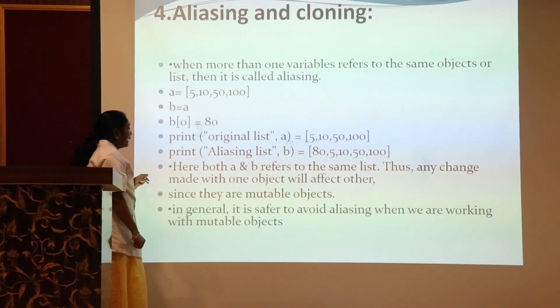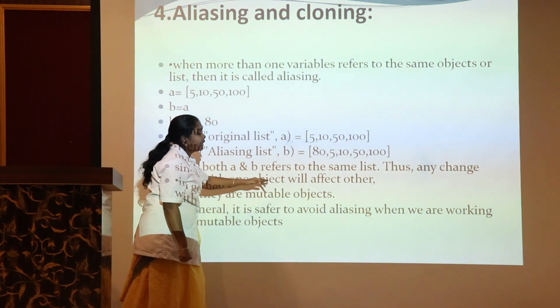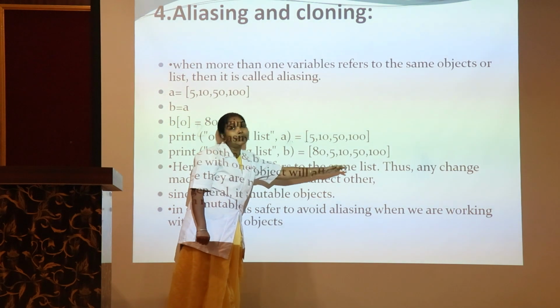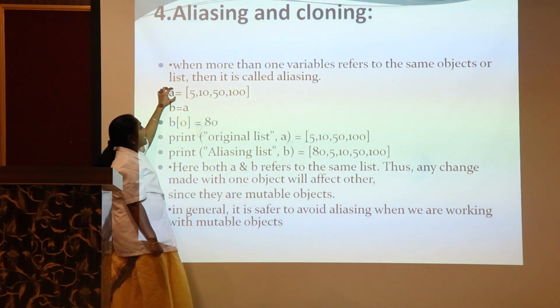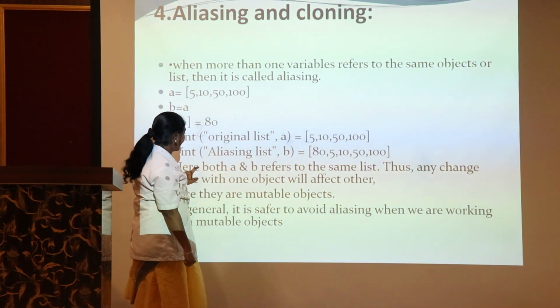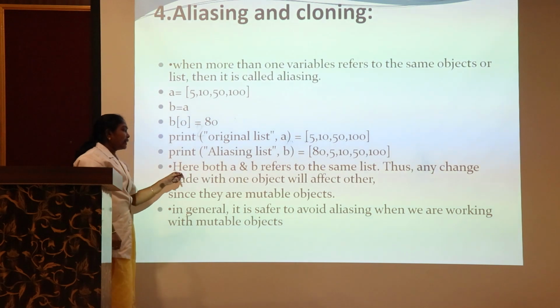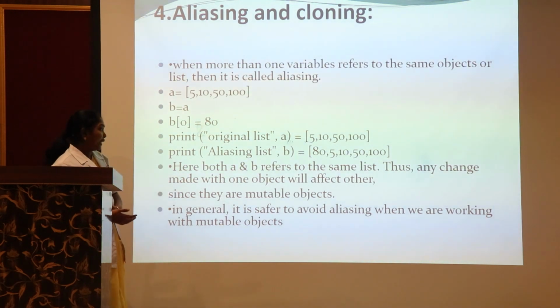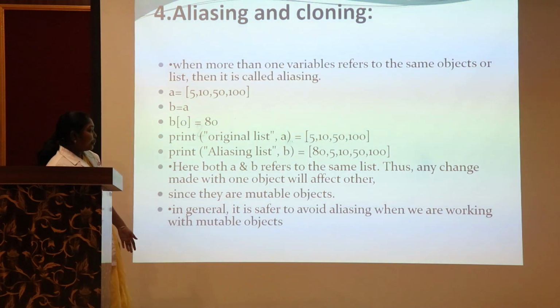That is aliasing. Here both A and B refer to the same list. Any change made to one object will affect the others, since they are mutable objects.